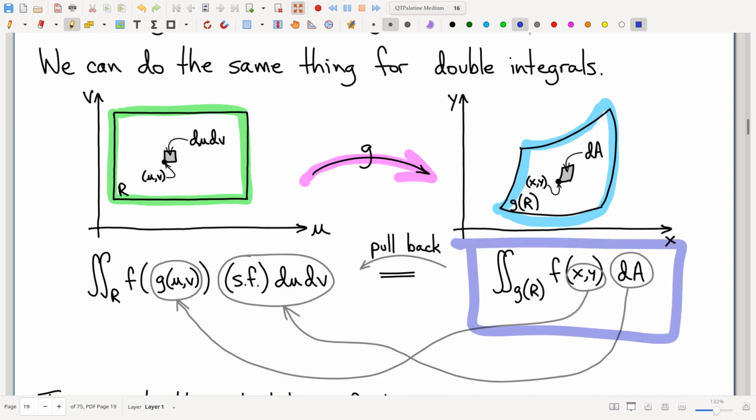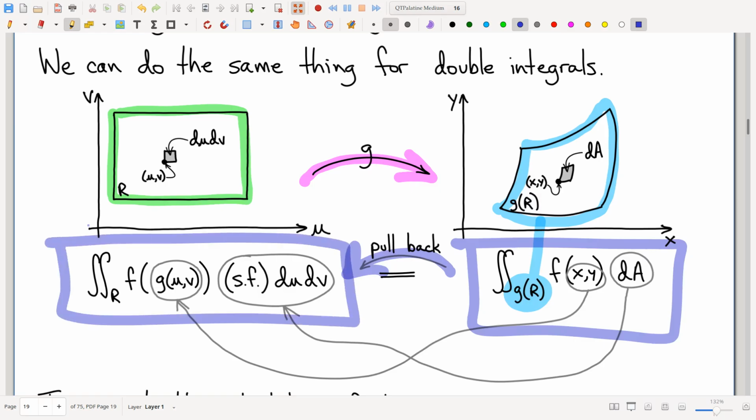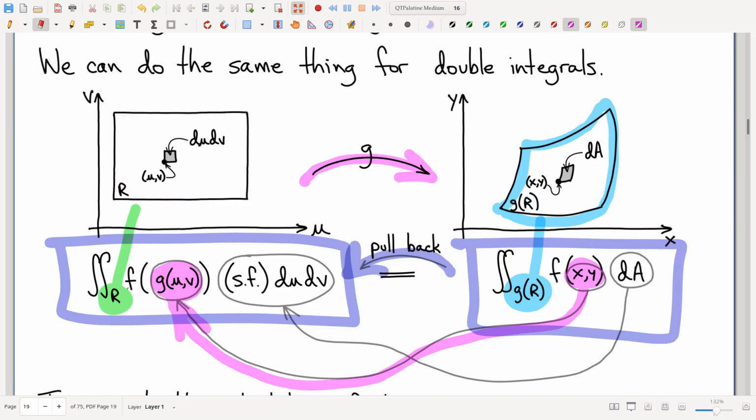An integral defined on this domain pulls back to an integral defined on this domain. Most of the work is just plugging in, right? We've got this change of variables function that gives x and y as g of u and v. So that's all I plug in. X and y are g of u and v. Formulas. Plug in. Nothing challenging to that. And the only little tricky bit is to remember that we've got to be careful with the stretching factor.